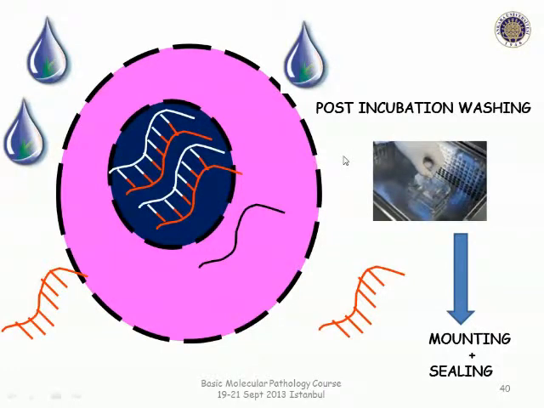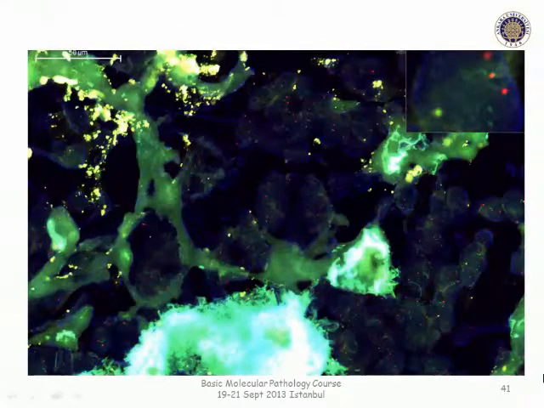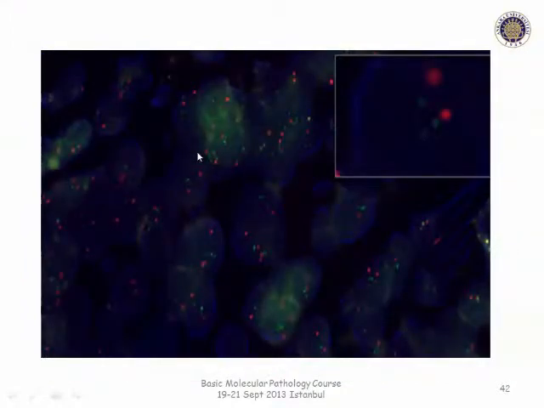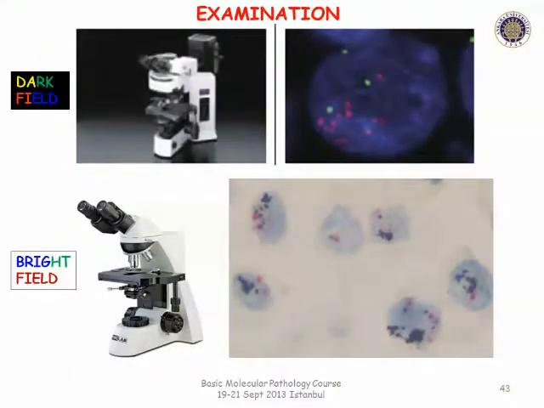Post-incubation washing is important, because if you don't wash your tissue properly, then you may have some artifacts which could make interpretation difficult. For examination, if you're using a fluorescent labeled system, then you need to have a dark field and fluorescent microscope.